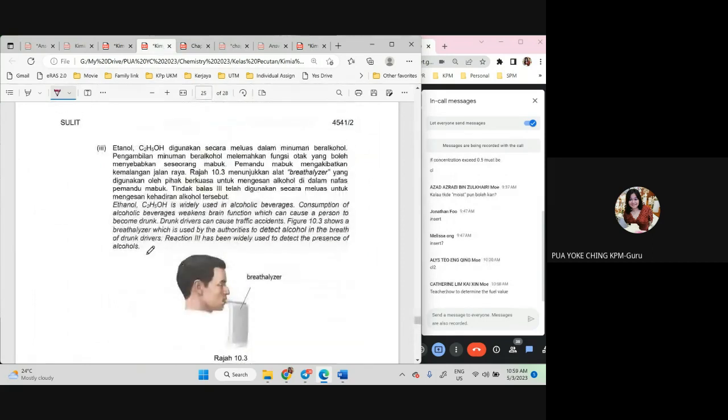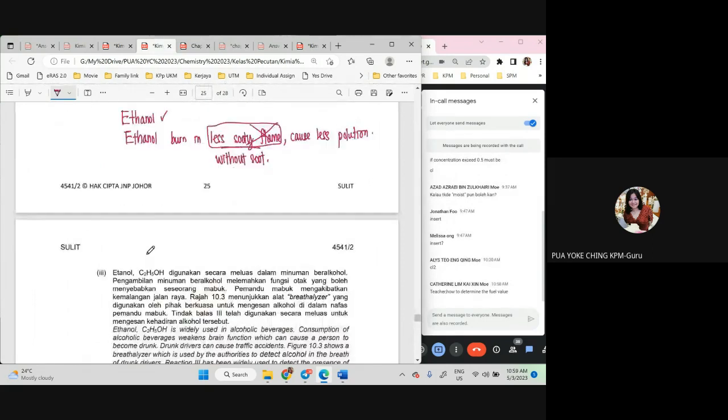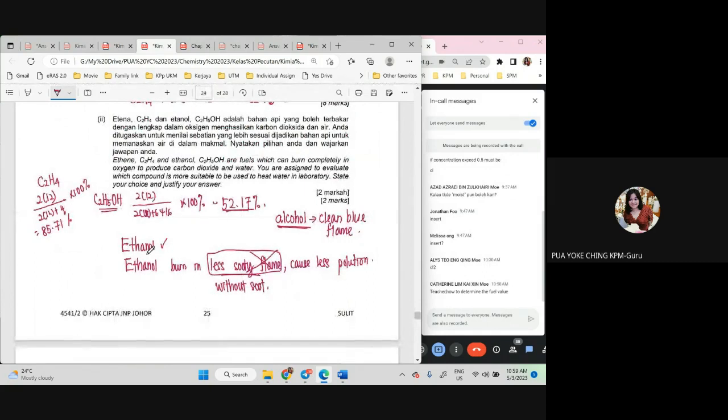How to determine fuel value? Kalau dia nak tanya fuel value, dia akan bagi fuel value. That's why I say this question actually dia tak bagi apa-apa. Kalau saya, I must choose ethanol lah. I will not choose ethane, because kita punya nota ataupun buku teks is already tell you alcohol is a better fuel, antara alkane and alcohol.